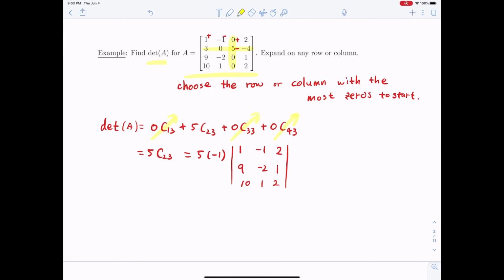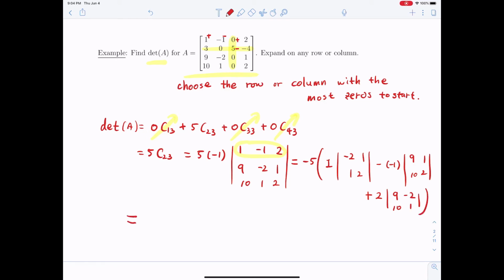Now, because there are no zeros in this minor matrix, you can choose whichever rows or columns you want. Let us choose this part. Then this gives you negative 5 times 1 times the determinant of negative 2, 1, 1, 2, minus negative 1 times 9, 1, 10, 2, plus 2 times 9, negative 2, 10, and 1.